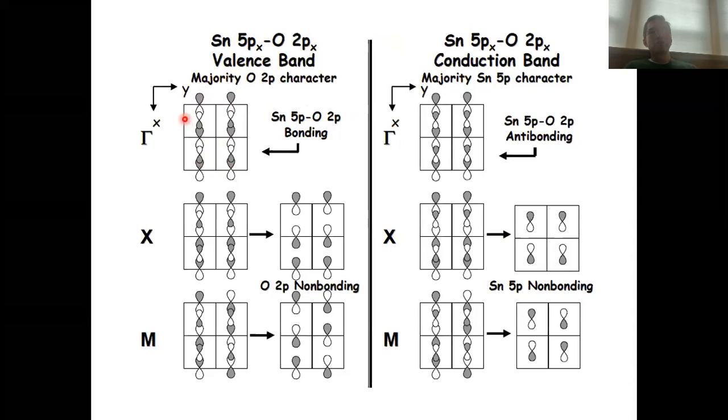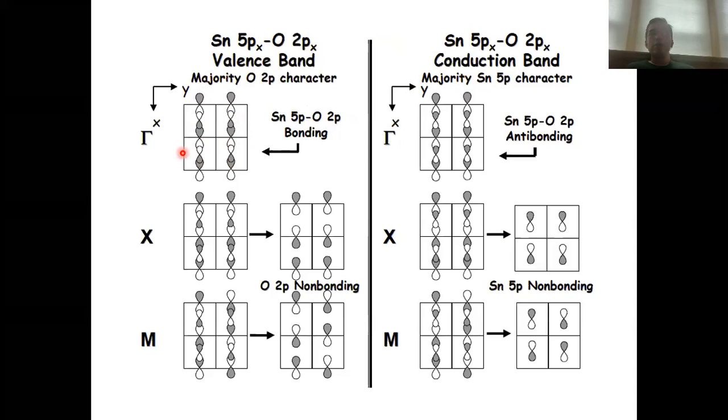But of course, there would also be oxygen atoms here and here and here that have px orbitals, but they cannot interact with the px orbitals of the tin, because they don't produce orbital overlap. But of course, they are there.